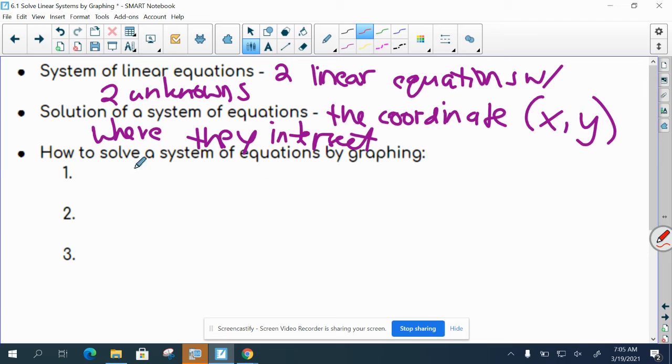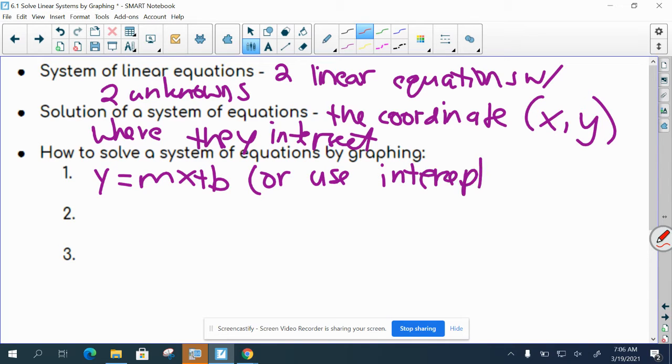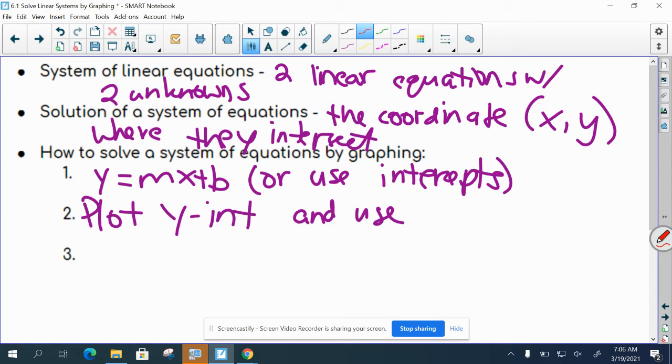To solve a system by graphing, you want to get each equation into y equals mx plus b if it's not already there, or use intercepts like we did in the opening example. Plot the y-intercept, then use the slope to get more points.